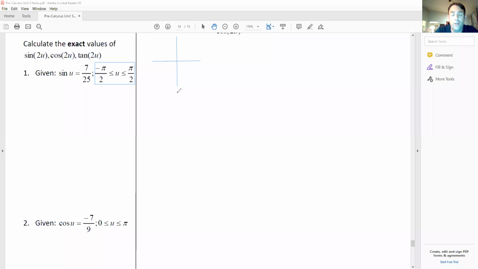So if we think about the unit circle here, negative pi over 2 is 3 pi over 2. And we have a positive pi over 2, which means we are not using this side over here. So this whole thing is going to be gone.